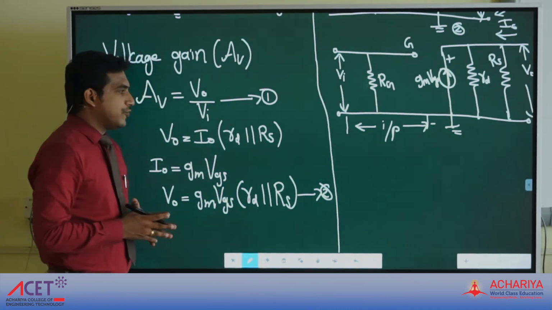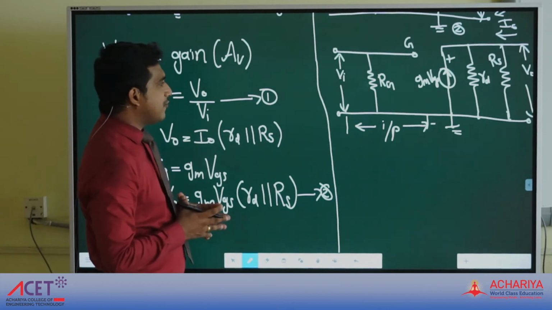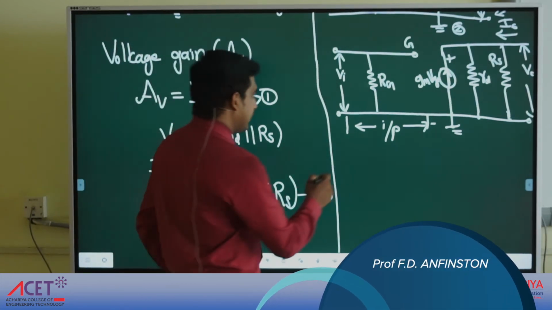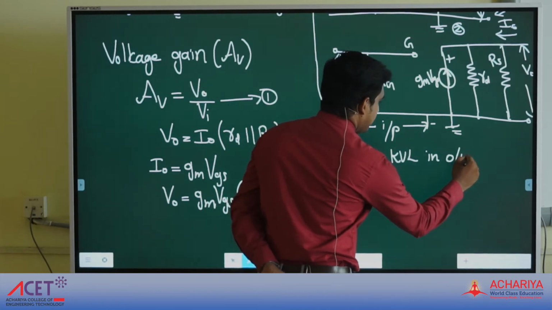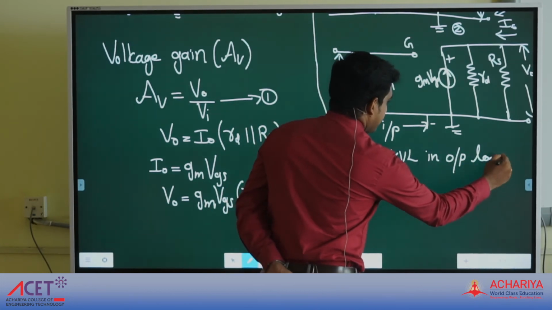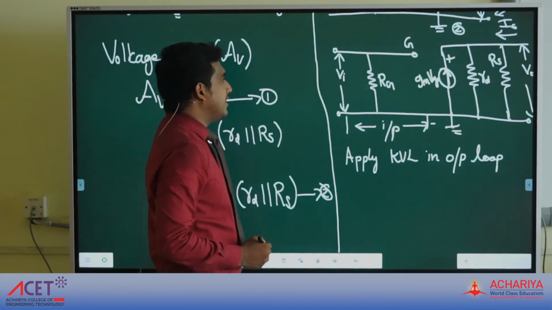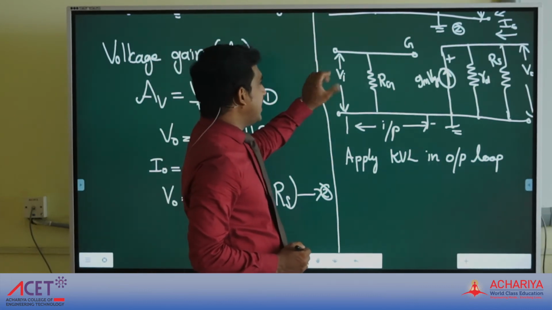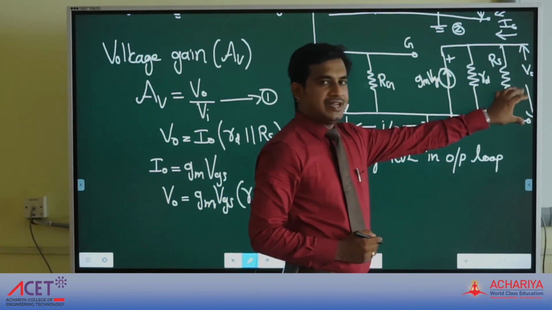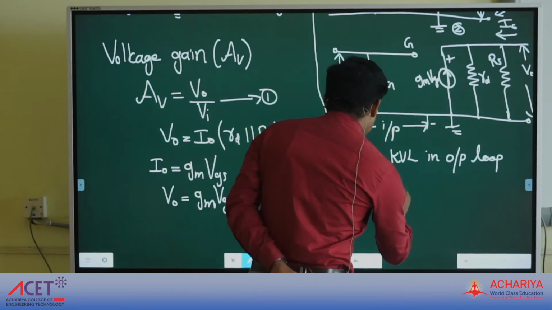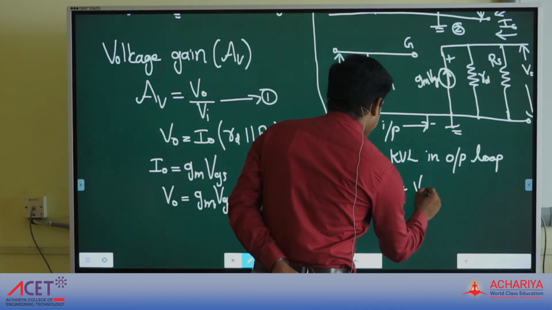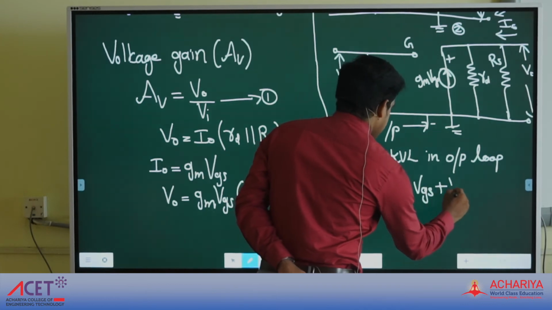Okay, now to find VI, we should apply Kirchhoff voltage law in the output loop. Applying Kirchhoff voltage law in output loop, we will be getting, in the output loop there are 3 components, VI, VGS and V0. So we can write VI is equal to VGS plus V0.